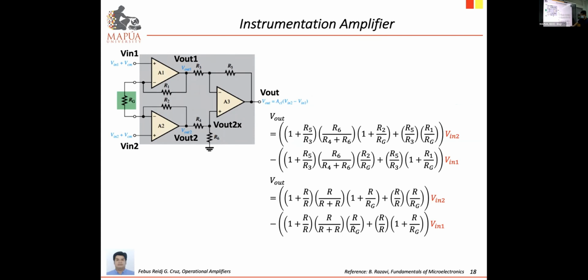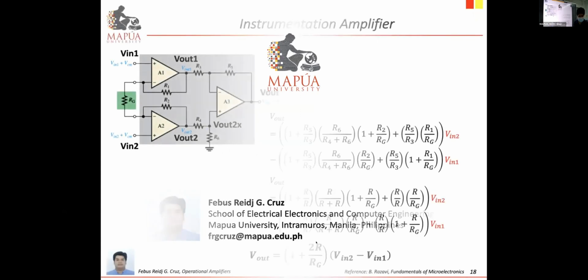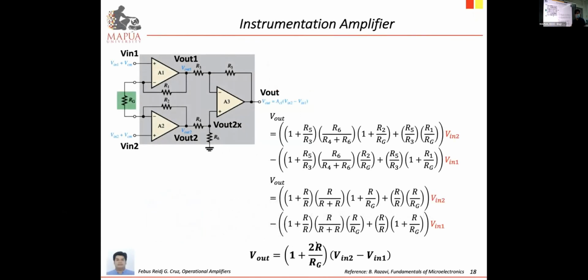So if you simplify, this will give us the equation for the instrumentation amplifier. Okay? So you have V out equal to 1 plus 2R, where R is the internal resistance, divided by RG, then multiplied by the difference of the two inputs, V in 1, V in 2.